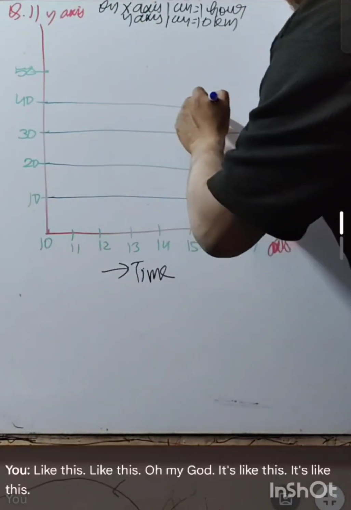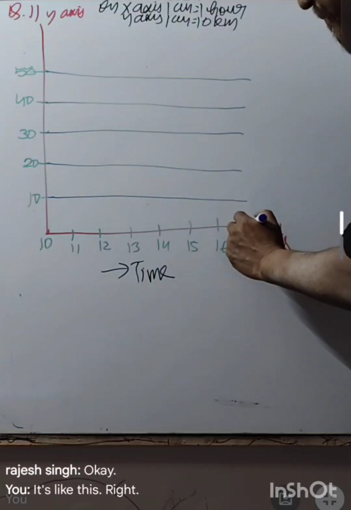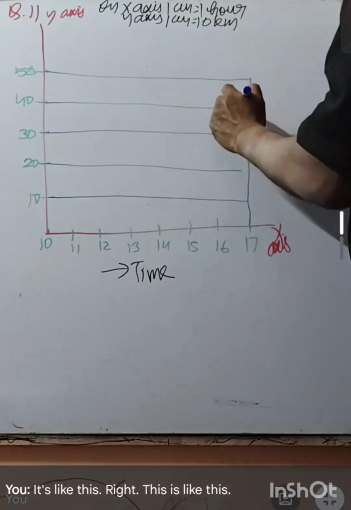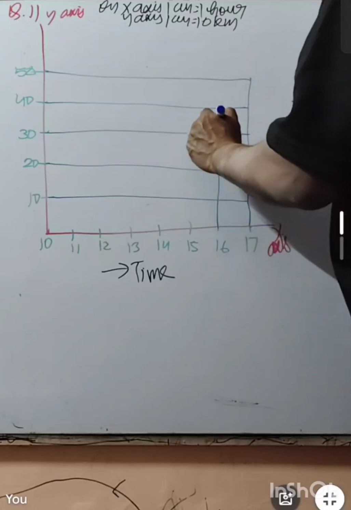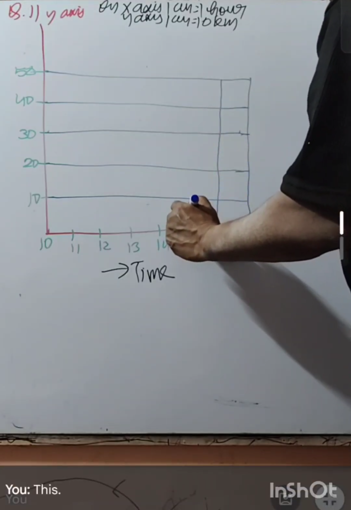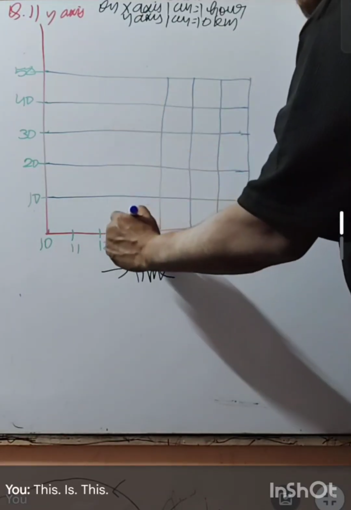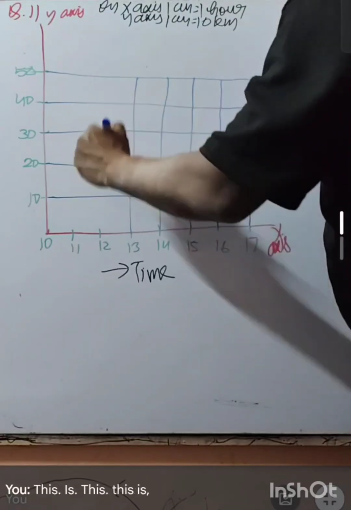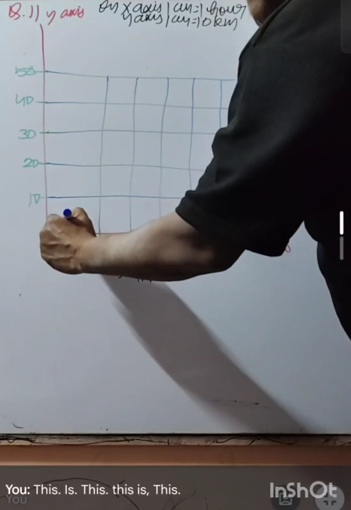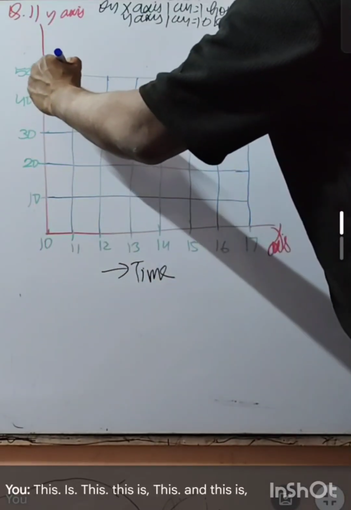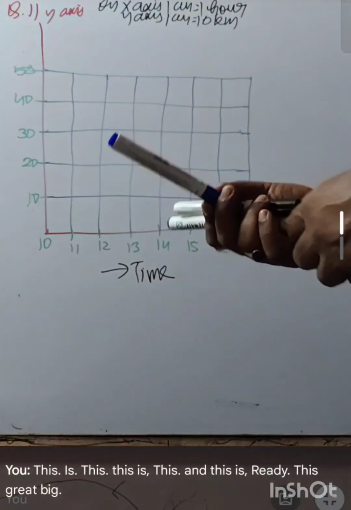Do we get this grid? Now what is it saying?